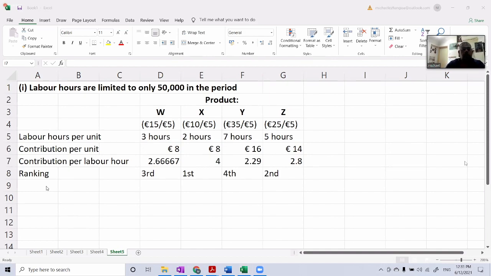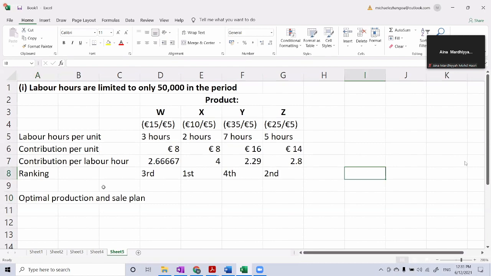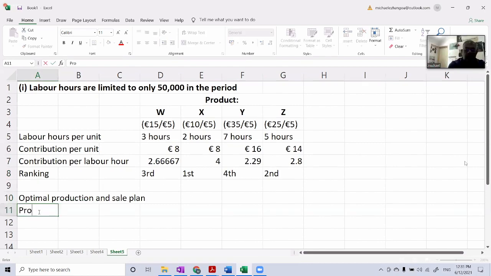Right, now over here, optimal production and sales plan. So we have product, units.